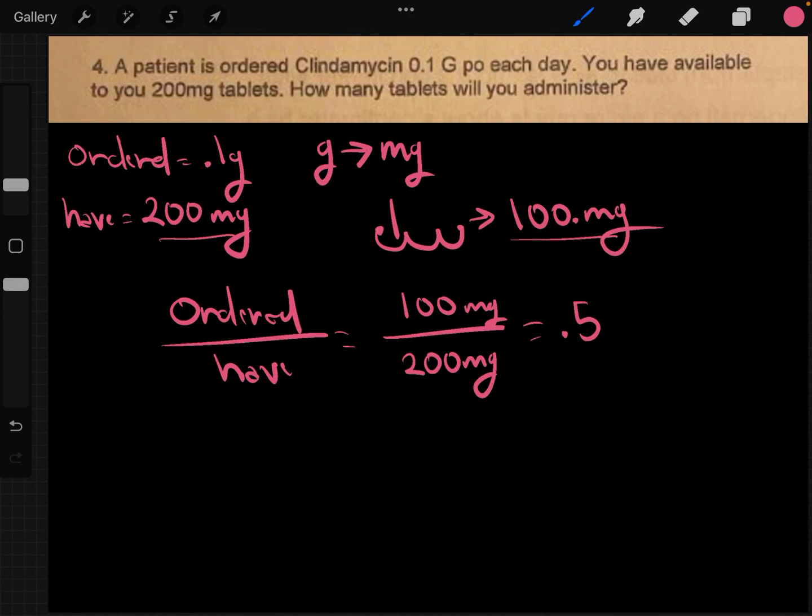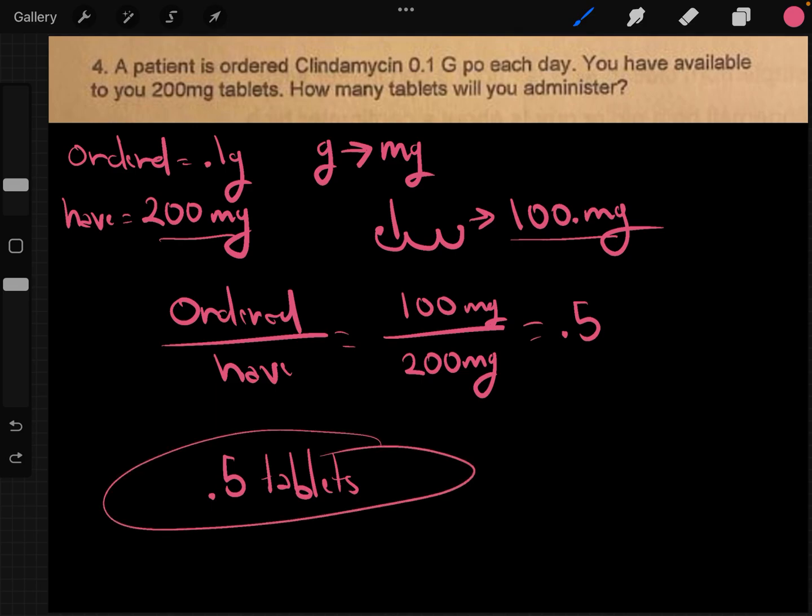Okay, so if we have 200 milligram tablets, we have to give half a tablet each day. So 0.5 tablets. Well, not each day because it doesn't even mention anything about days, but for each dose, it's going to be 0.5 tablets. Okay, so that's 4 questions done.